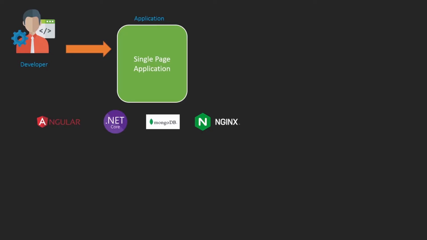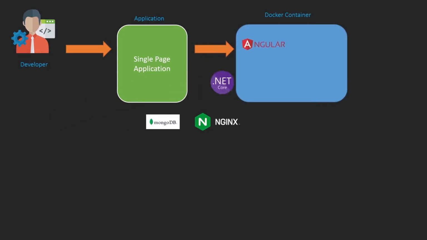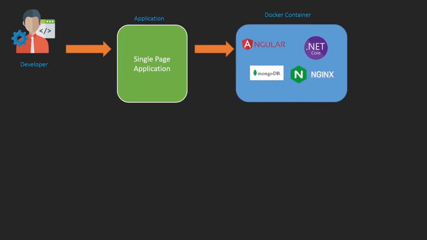With Docker, all these dependencies and configuration will go inside a Docker container, and the deployment or testing team will just pull this container as a Docker image on their machine and run it, and all the dependencies and everything will be available in the Docker image and it will just start the application. They don't have to do any configuration.